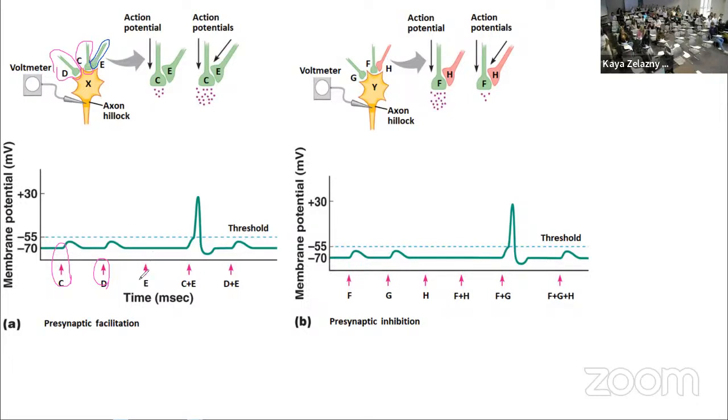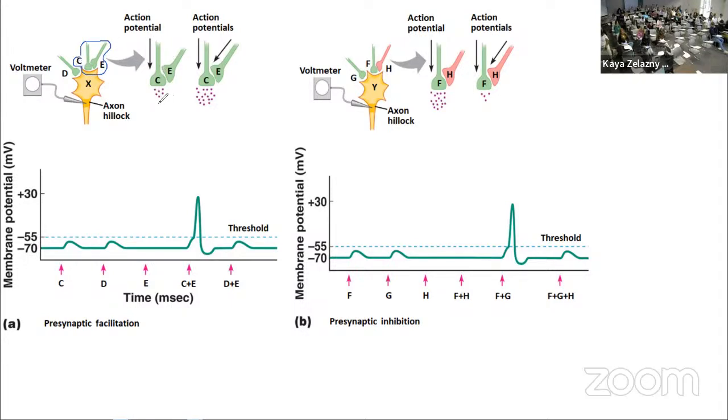So when E fires alone, nothing happens to that membrane potential of neuron X. So this is showing the membrane potential of X. And nothing happens if E fires alone. But if we have C and E fire together, something green because they're both excitatory.